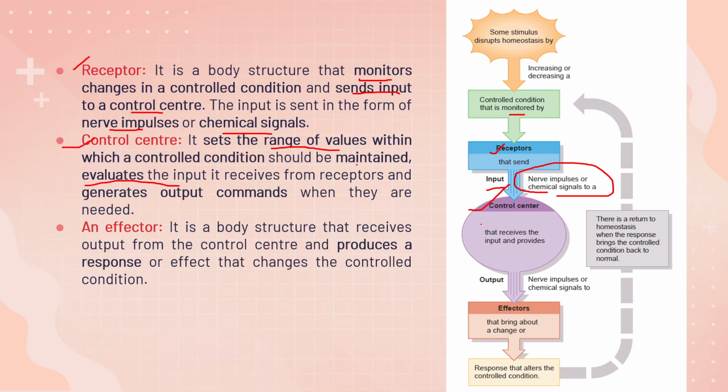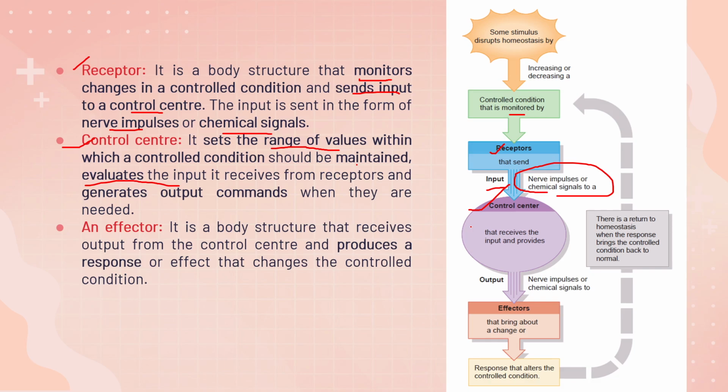Now the control center will think on that input signal, whether that stimulus is bearable. Suppose the change in body temperature is the stimulus, which is monitored by the receptor, and the receptor sends the input signal to the control center.